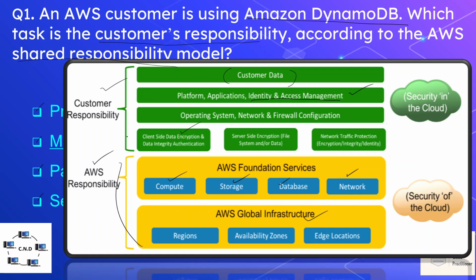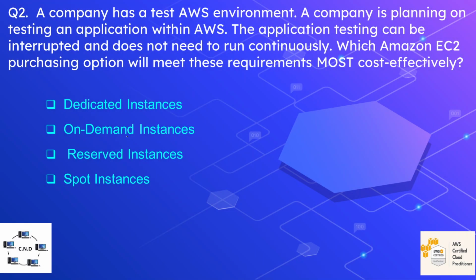So let's get to the next question. Question number two is that a company has a test AWS environment. The company is planning on testing an application within AWS. The application testing can be interrupted and does not need to run continuously. Which Amazon EC2 purchasing option will meet these requirements most cost effectively?